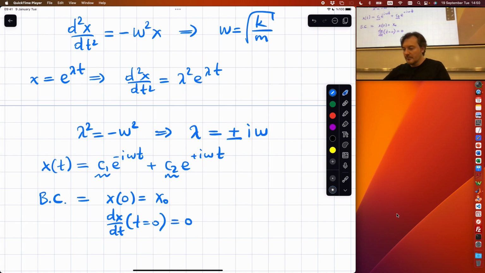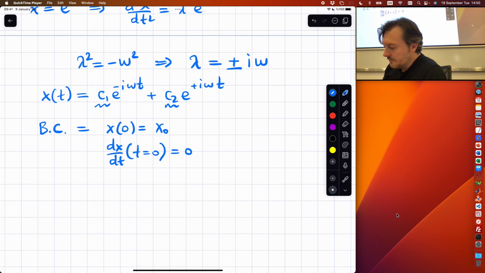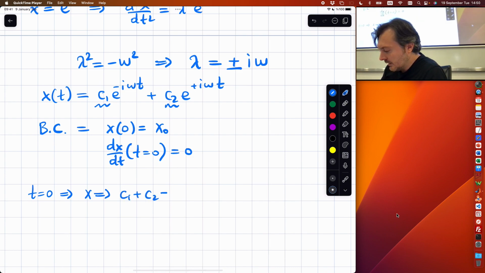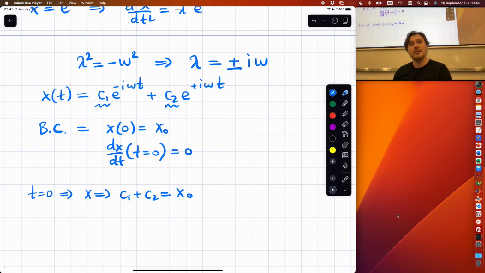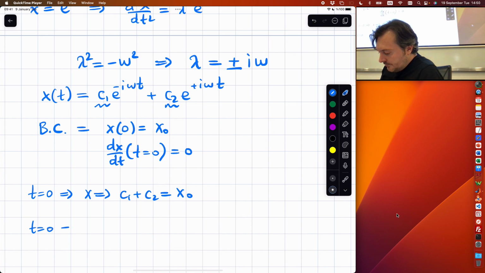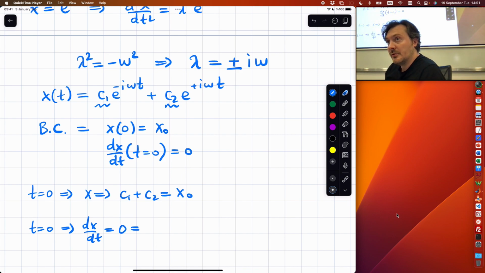This tells you that, first of all, at t equals 0, x is c1 plus c2, and this needs to be x0. Do you agree with this? At t equals 0, dx over dt needs to be 0, right? That's the boundary condition. And the derivative brings you what?